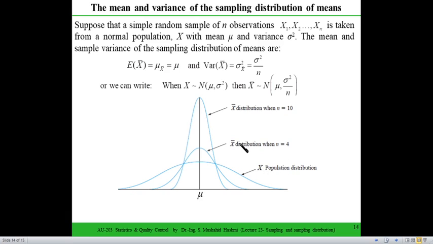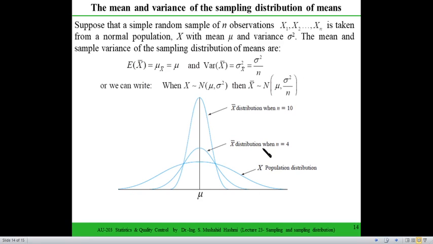The first sample would be x1 or x2. As you look at the variance of this sample mean, the formula is sigma square over n, which represents that as the sample size increases, the variance decreases.